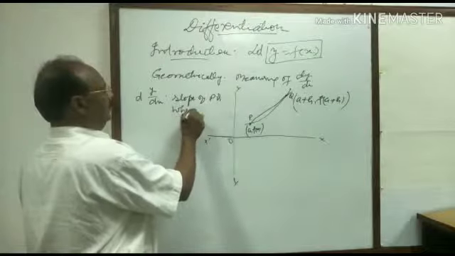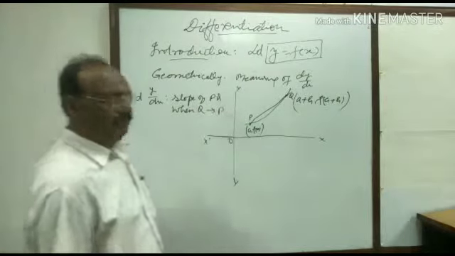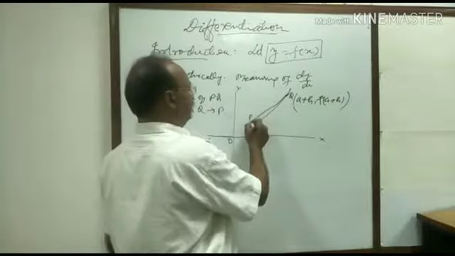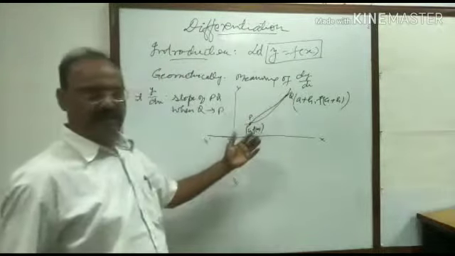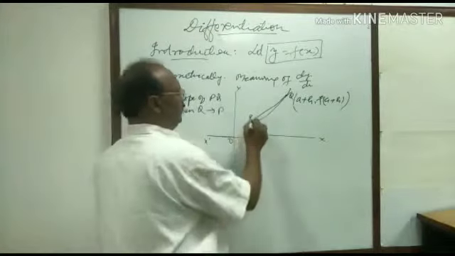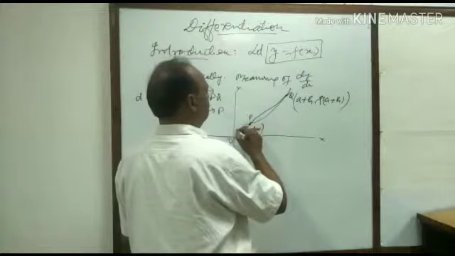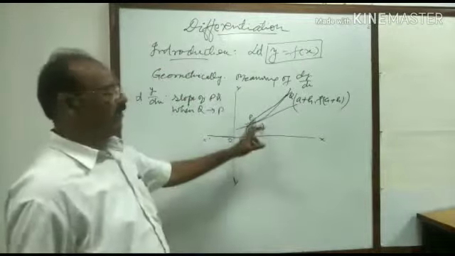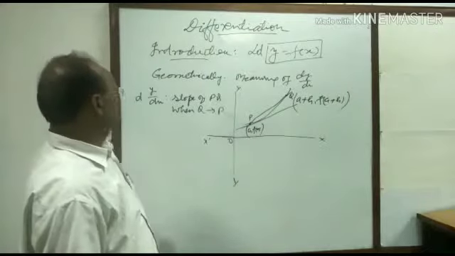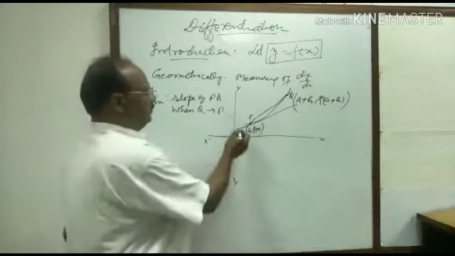when Q tends to P. If gradually Q tends to P, then there is a situation when this chord PQ will coincide with the tangent at P. And finally we will see that the derivative of y will be the slope of the tangent.